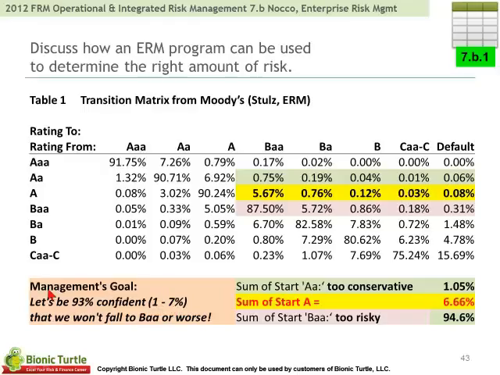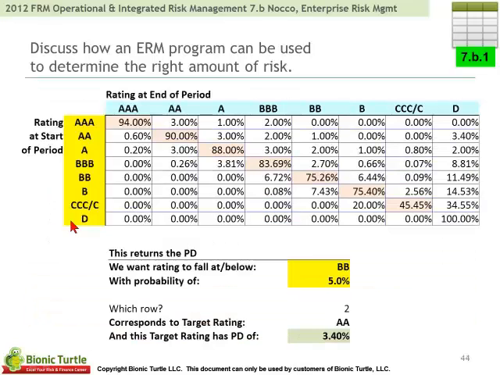So the risk appetite statement and the transition matrix, or migration matrix, those two in combination tell the firm that they can target the rating of A at the beginning of the period. See how that works? So in the first step, we've translated the risk appetite into a target rating.